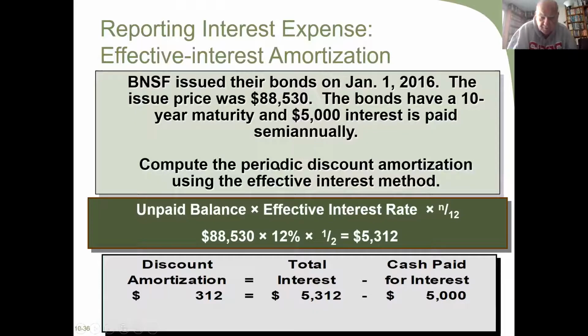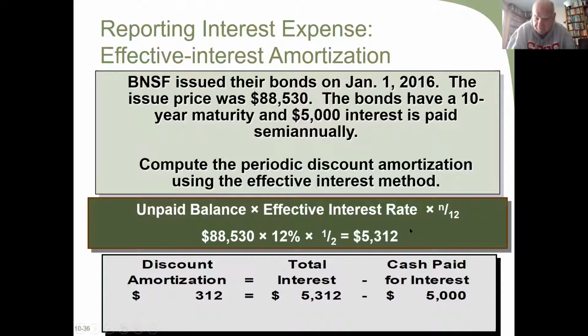So take a look at this. This is probably even easier than straight line because it is the net book value times the market rate. In this case, you divide by 2. So our total interest is going to be 5,000. Subtract that to get the amortization.